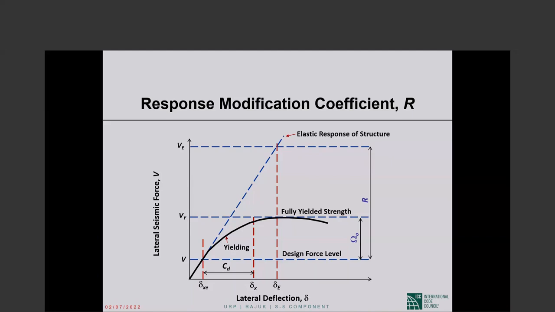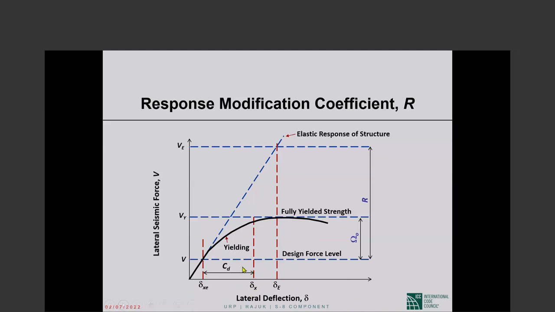The C sub D, called deflection amplification factor, takes us from the elastically computed displacements to estimated design earthquake displacements. Delta sub x is equal to C sub D times delta sub xe.